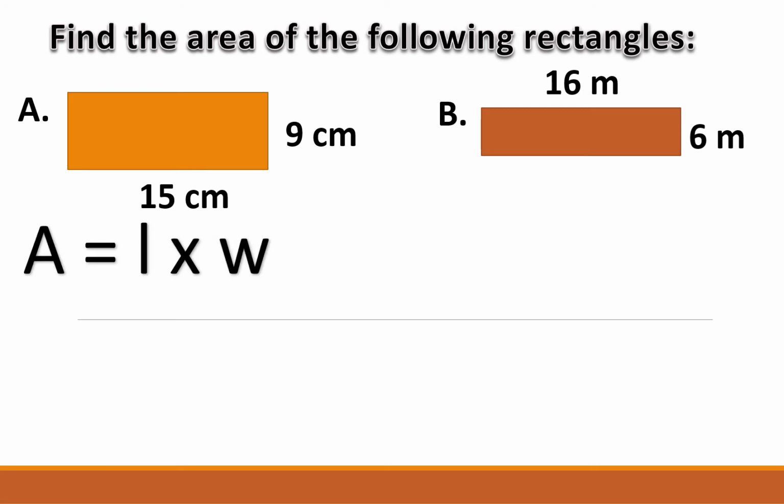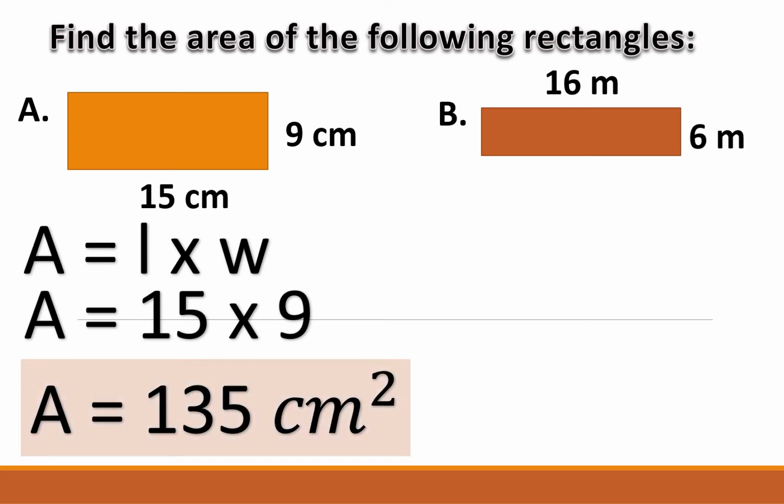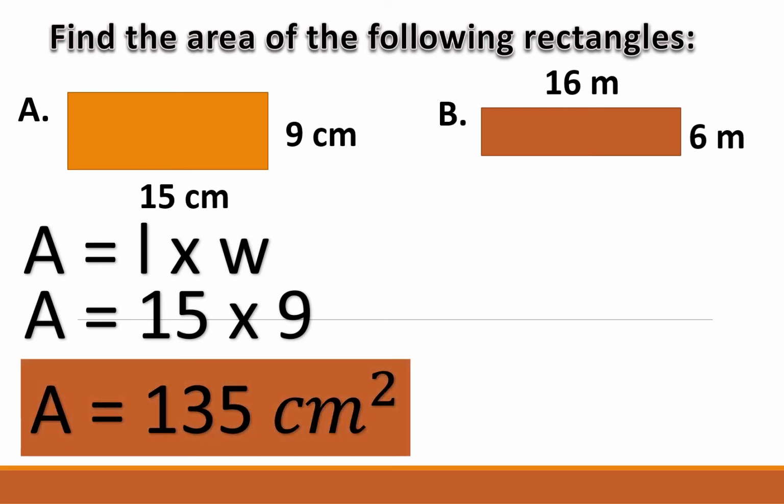Okay, let us see if your answer is correct. Area is equal to length times the width. 15 times 9 is equal to 135 square centimeter. So that is correct, class. What about letter B?